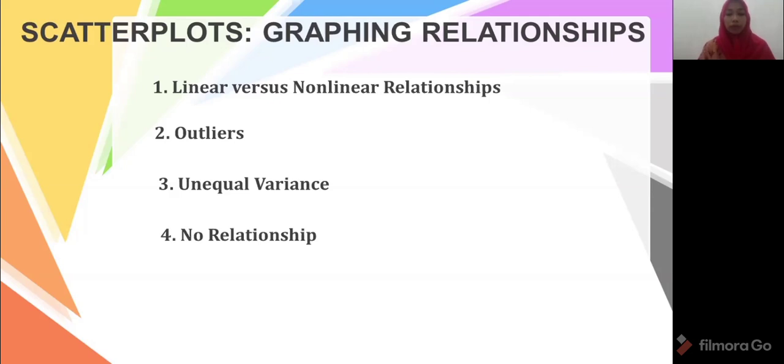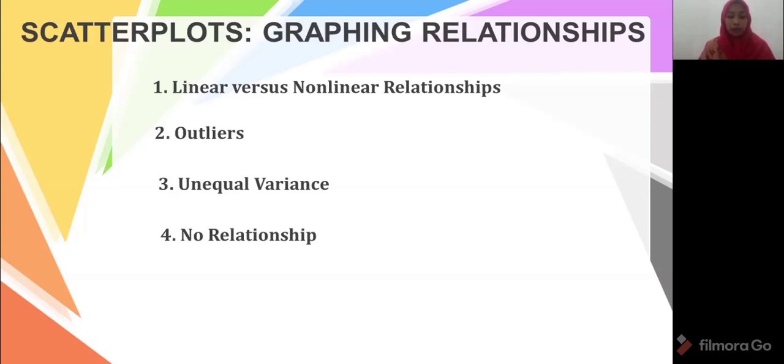First, the typical relationship you hope to see: straight line or linear relationship. Outlier. Scatterplots are especially useful for identifying outlier observations that lie outside of the typical pattern of points. An outlier is an observation that falls outside of the general pattern of the rest of the observations.